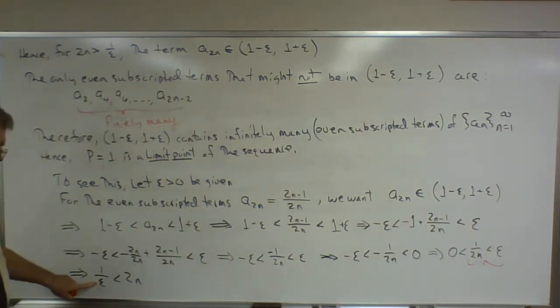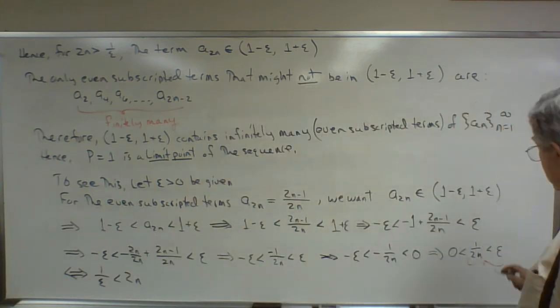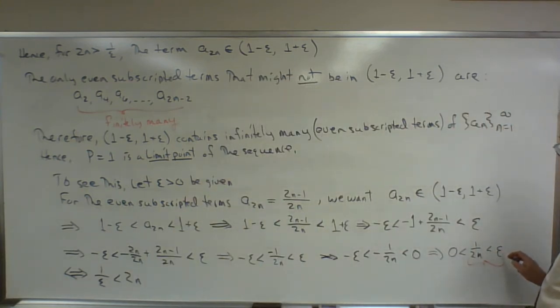If 1 over epsilon is less than 2n, then that tells us that 1 over 2n is less than epsilon. And since n and epsilon are positive, that means that they're both greater than 0.